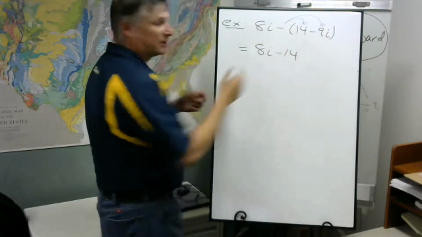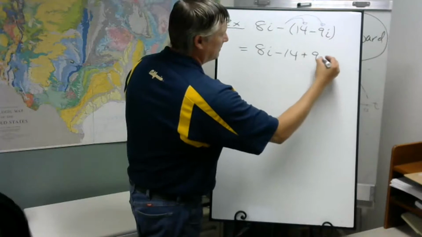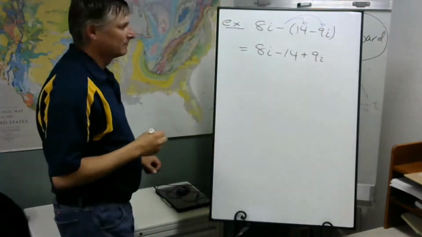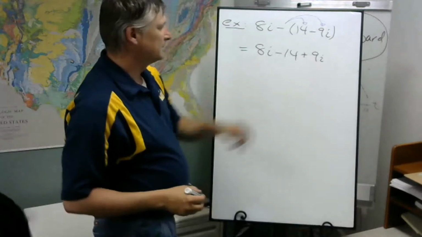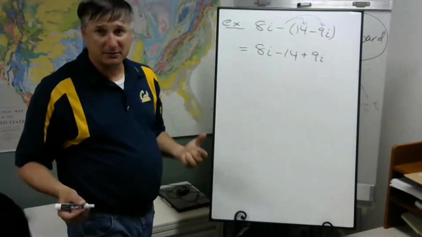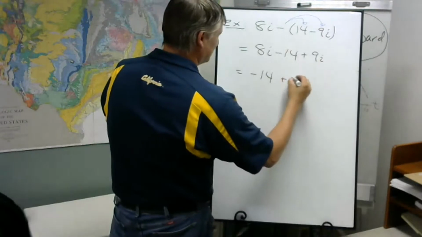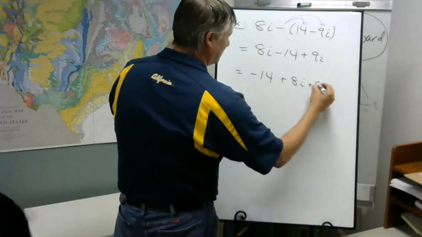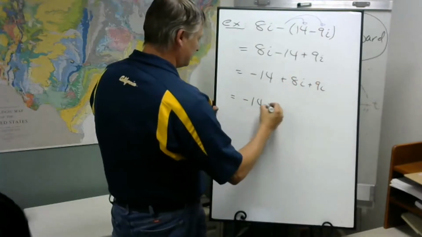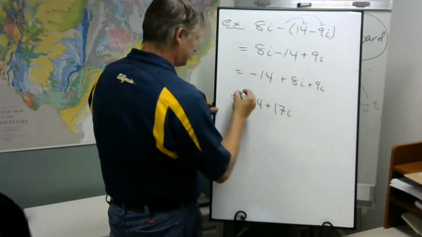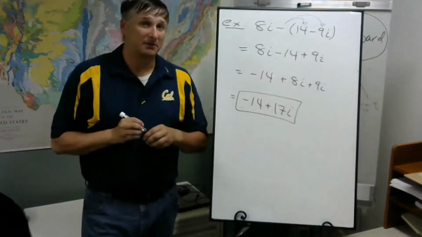And then minus the 14 is minus 14, but minus times minus is plus 9i. Now we combine like terms. We combine the i terms, that's going to give us 8i plus 9i, 17i. And then we have the real term out here just by itself. And so that's going to be our answer.